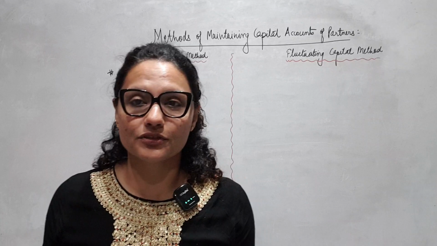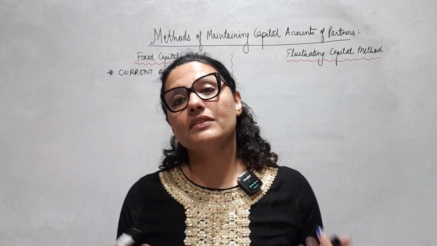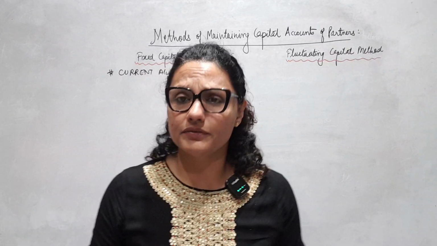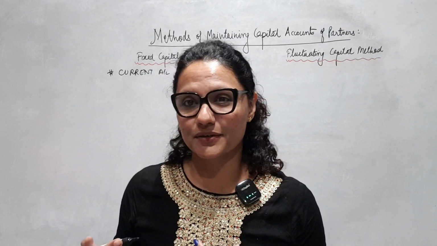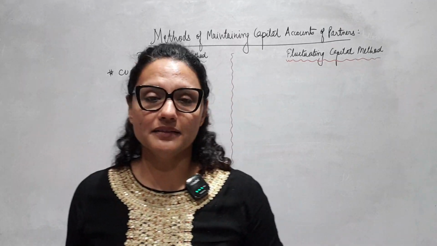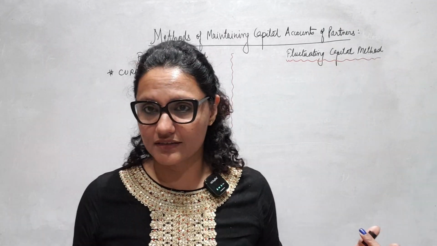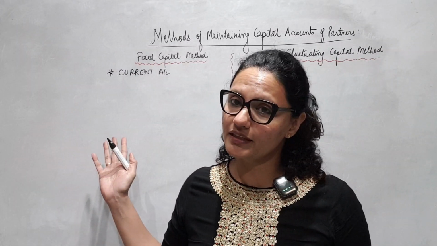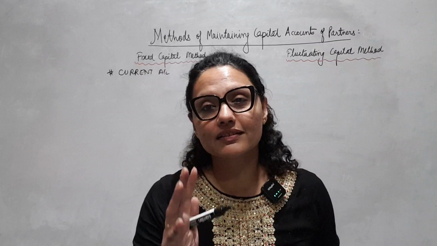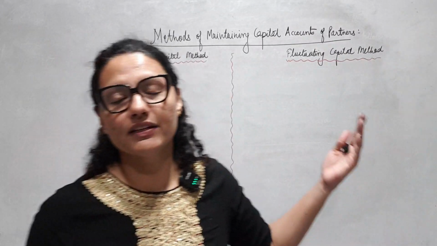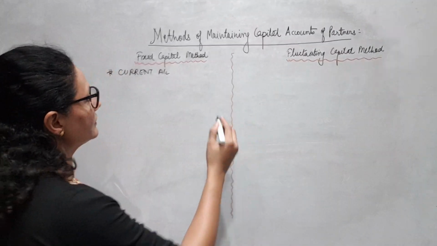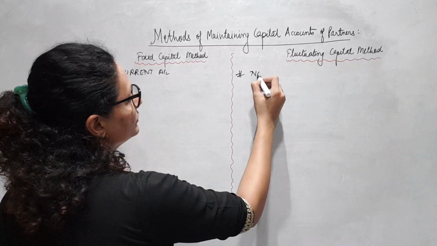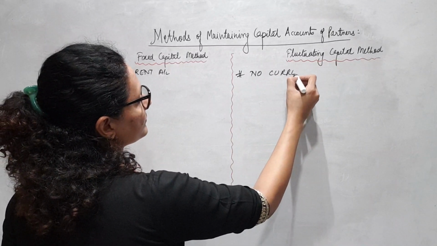For example, interest on capital to be credited. We will not credit to partners' capital. We will credit to the current account. Similarly, share of profits or losses will be debited to current account instead of capital account. Till now we were doing the fluctuating method where no current account was there.